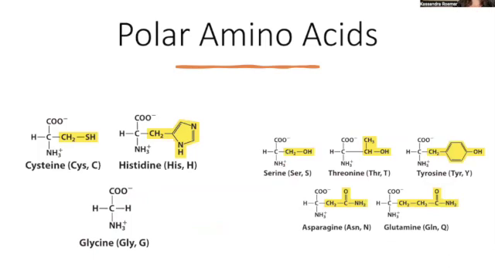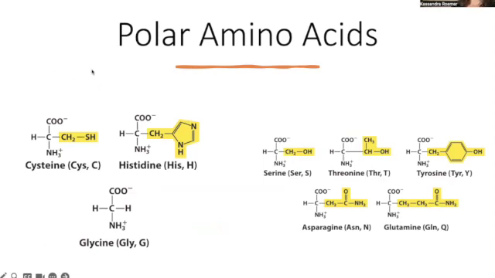Next, we have polar amino acids. Those can strongly interact with water because remember, polar interacts with polar. We have, for example, cysteine here, which has an important property. It can form disulfide bonds through oxidation. So two different cysteines can form a disulfide bond between their side chains.